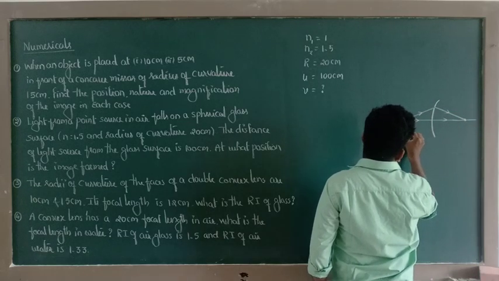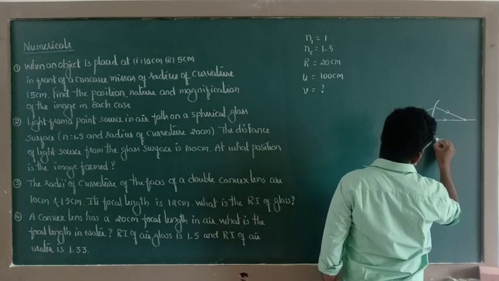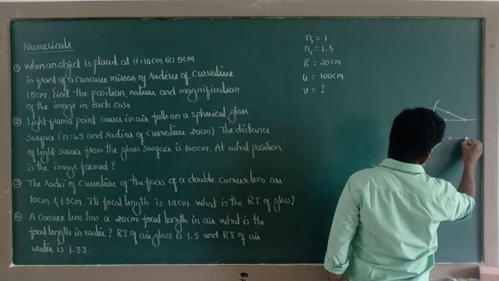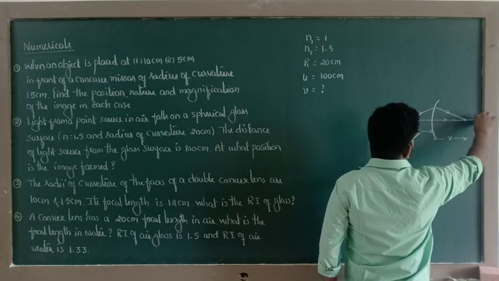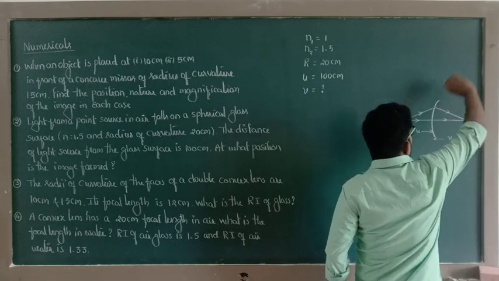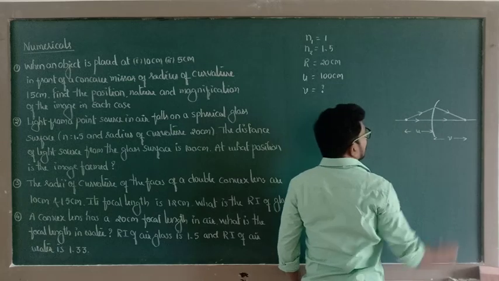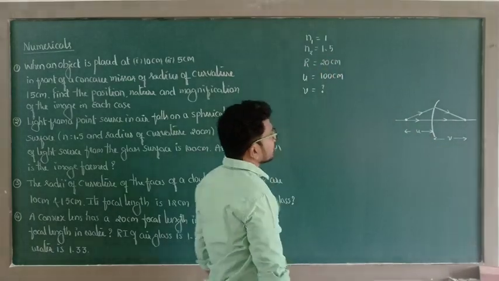Object distance u, image distance v, and somewhere we will get a center of curvature here, and from that center of curvature we will get an imaginary sphere with a radius of curvature 20 centimeter.